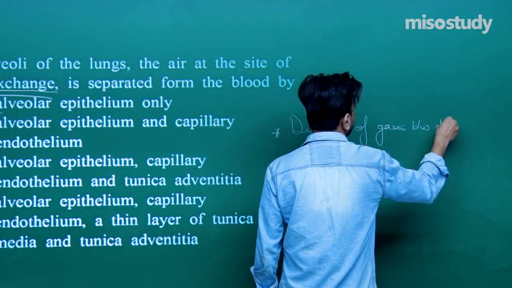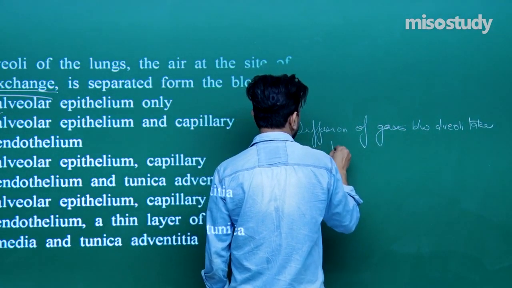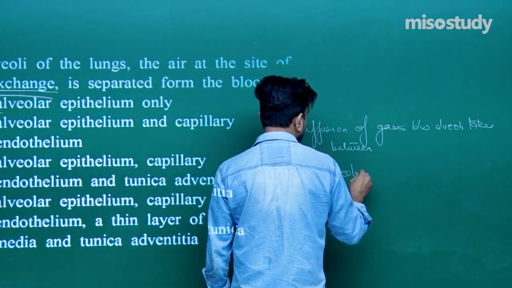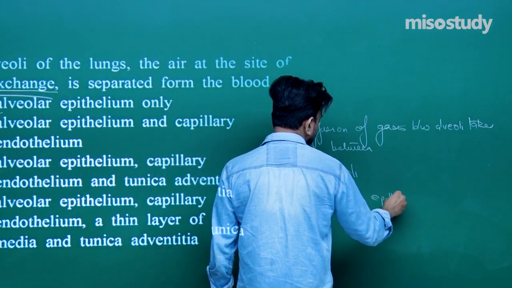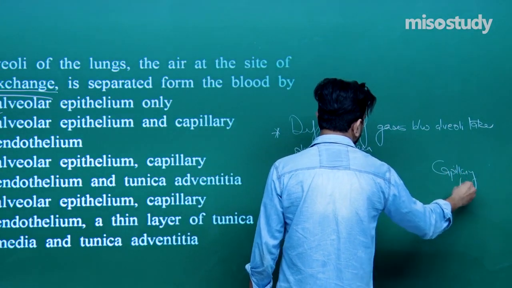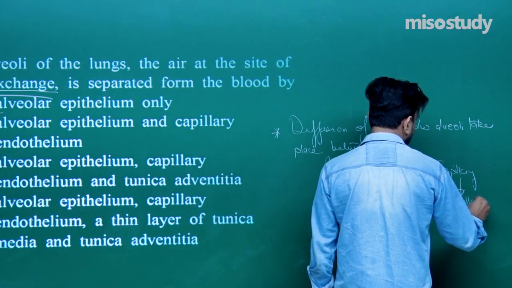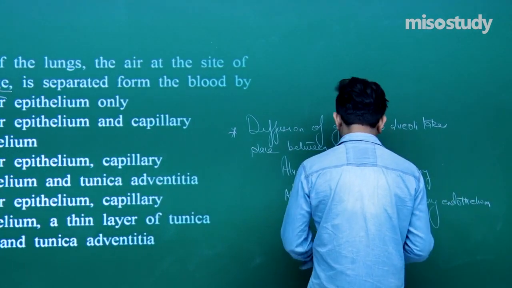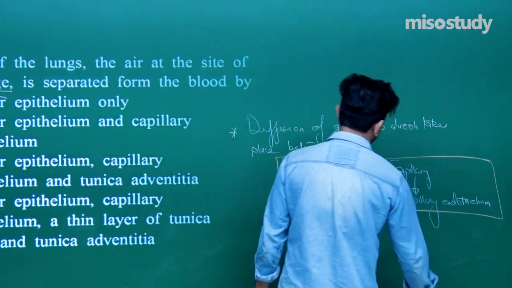Gases between alveoli and the blood, for the alveoli we have the alveolar epithelium, and for the capillary we have the capillary endothelium.